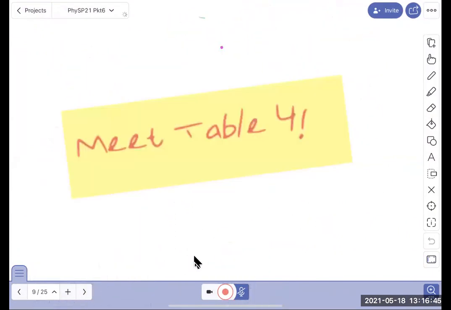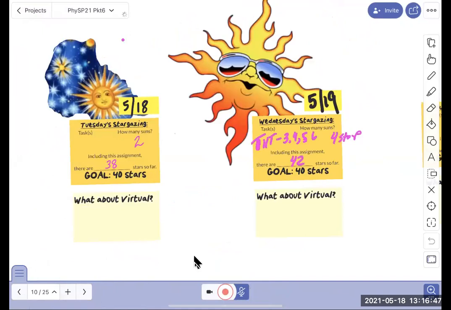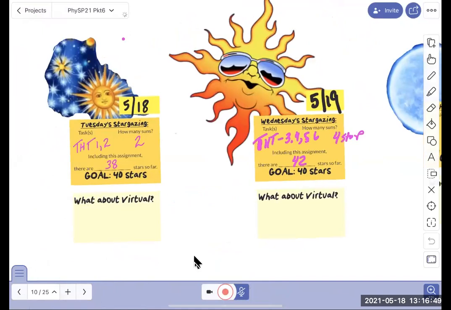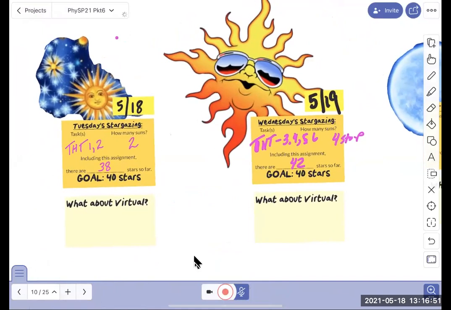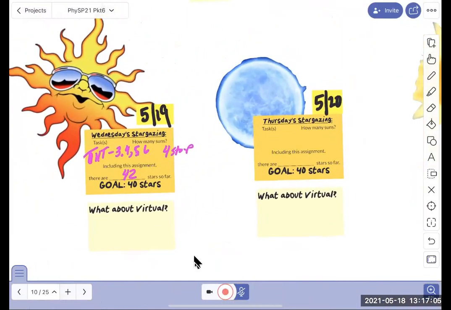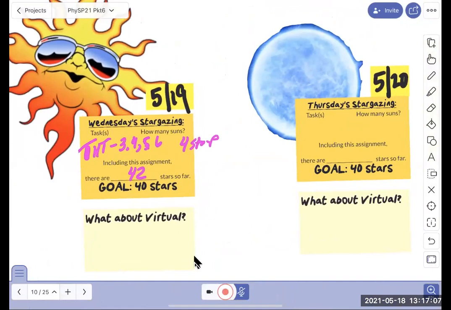Okay. Table 4. Today I went around and checked 1 and 2 on the take-home test, and they got a couple of stars for that. That's the only homework we're going to have from now on: just the take-home test 6B. Tomorrow, to keep up, you should try and get 3, 4, 5, and 6.